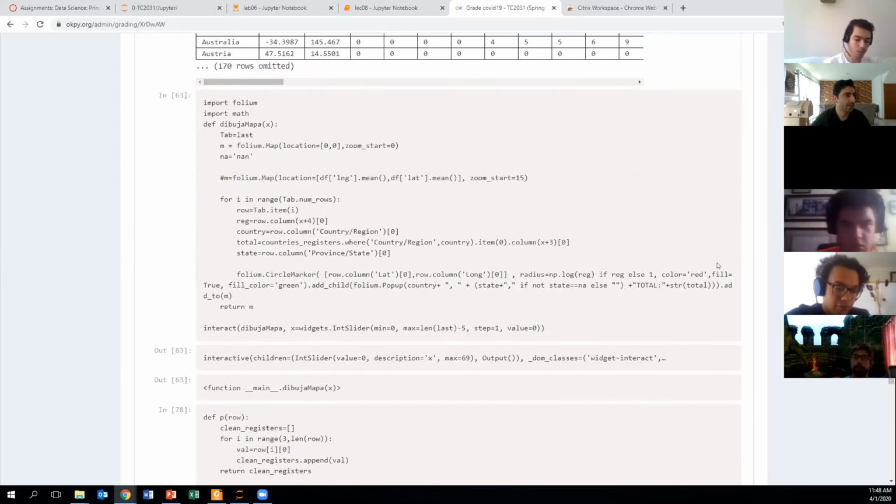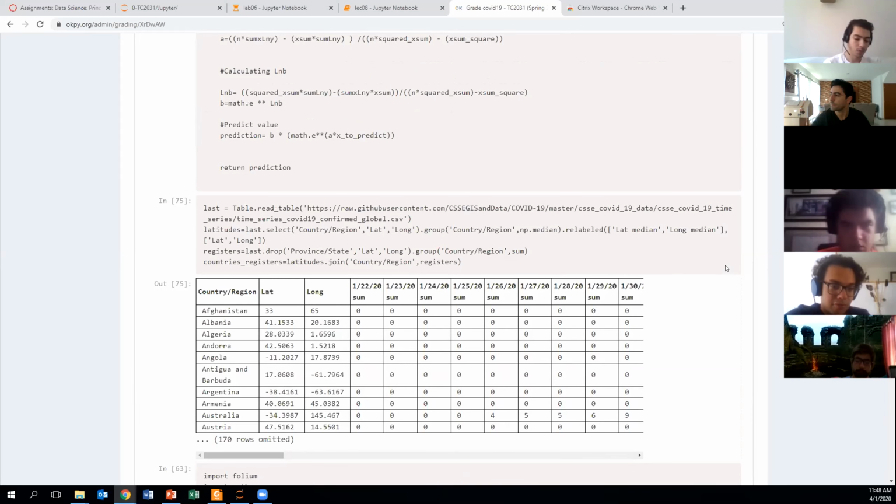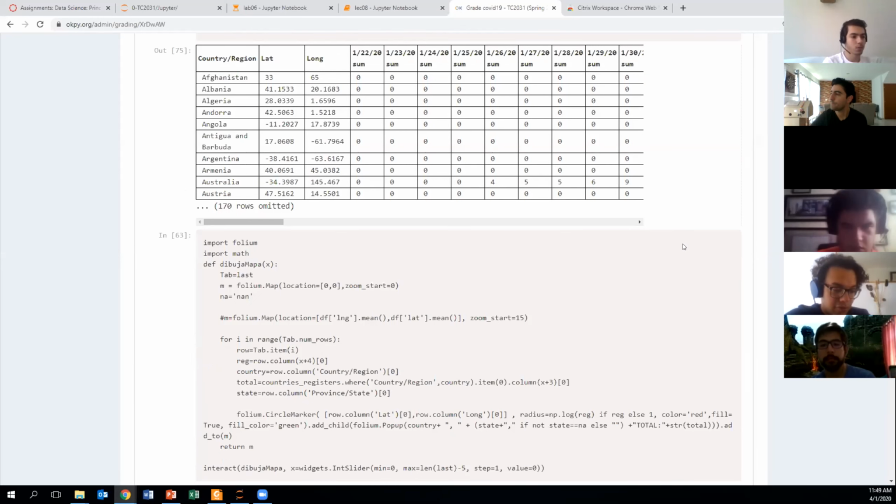Yes, maybe I can delete this. The first idea was a map with a slider, where for each day you could see in each country how the infection was going, with circles.